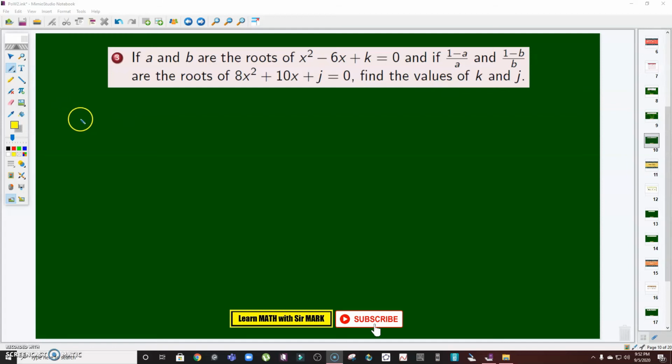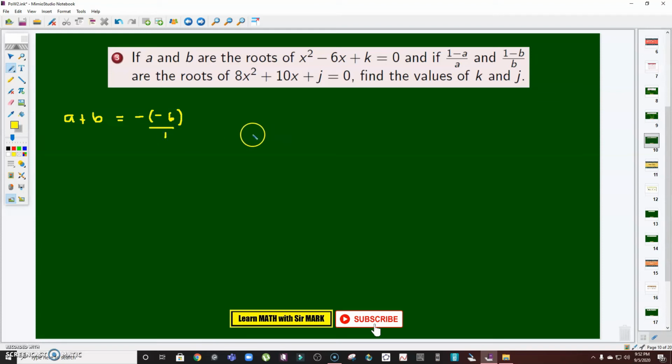One relationship between the roots and the coefficients of the quadratic equation is that the sum of the roots, in this case a plus b, is equal to the negative of the coefficient of the linear term over the coefficient of the quadratic term. That is negative of negative 6 all over the coefficient of the quadratic term, which is 1.